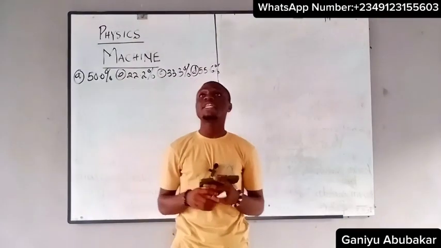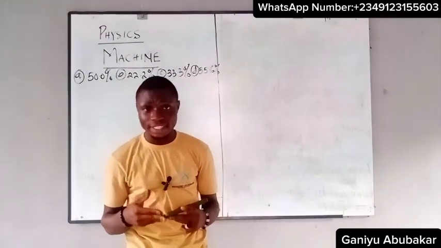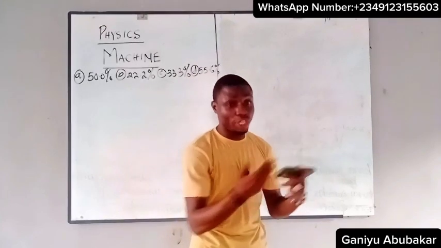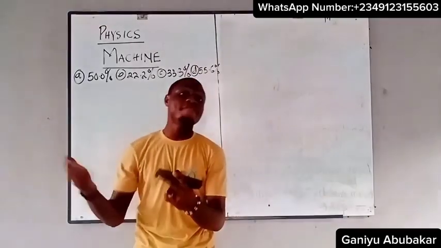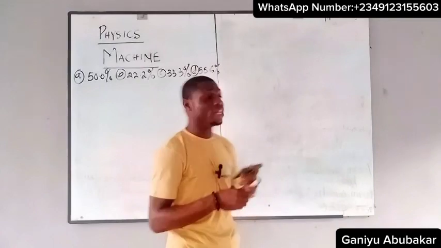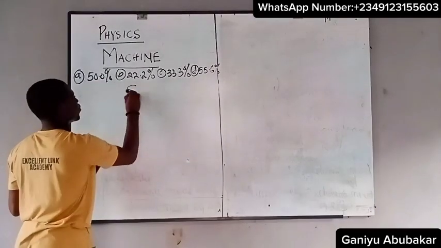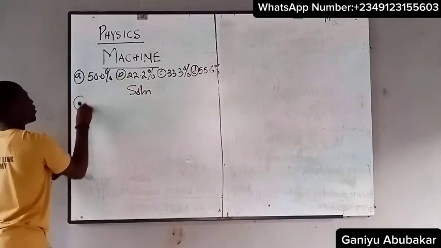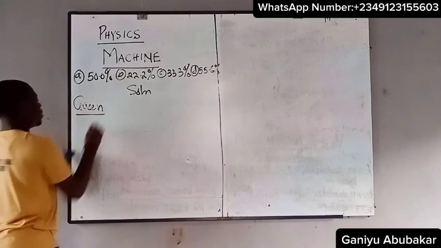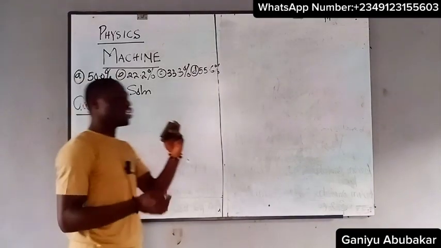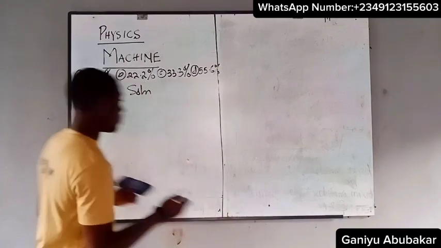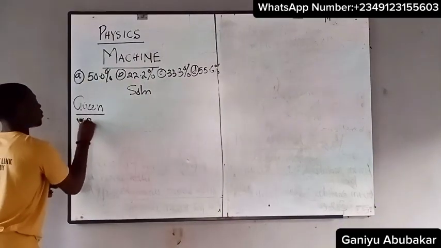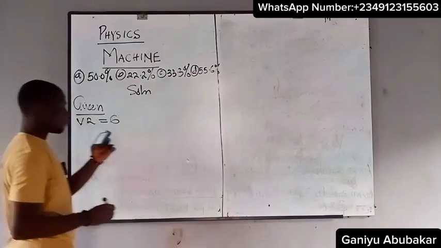Your first task in science is that after reading out the question, you should list out the given parameters. What are you given? A machine of velocity ratio VR, so the velocity ratio VR is equal to 6.